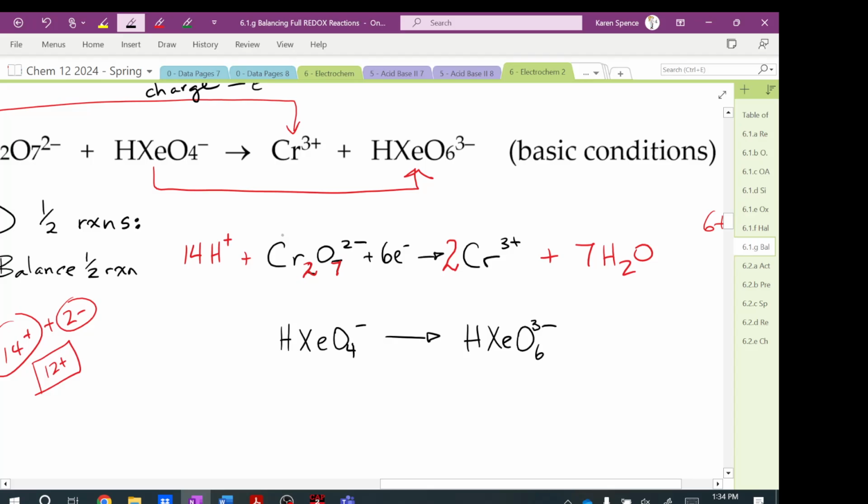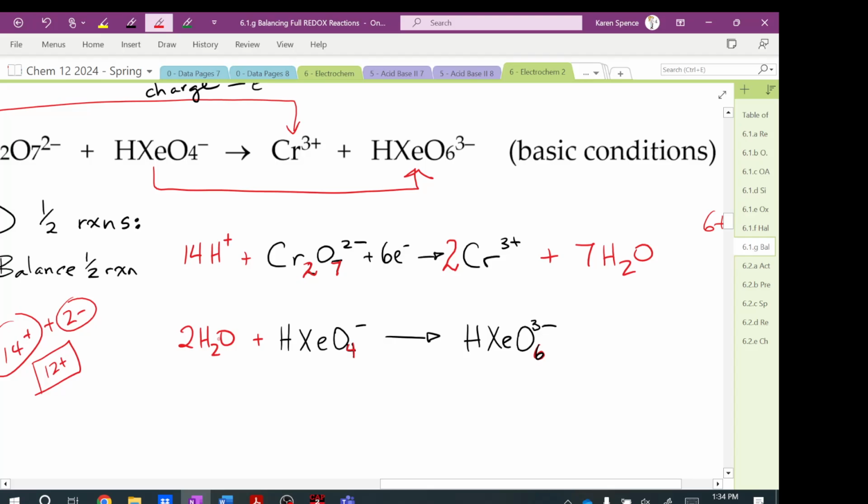Xe, there's only 1 on each side, that's easy. Oxygen. I have 6 on the right and 4 on the left. How many waters do I add? 2 waters, 2 H2O.